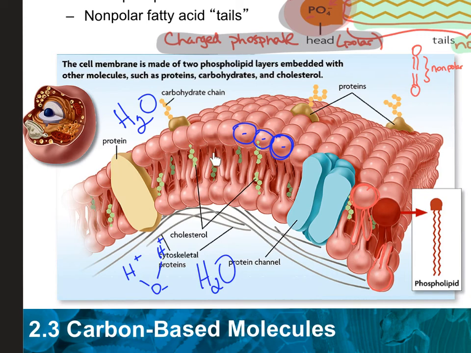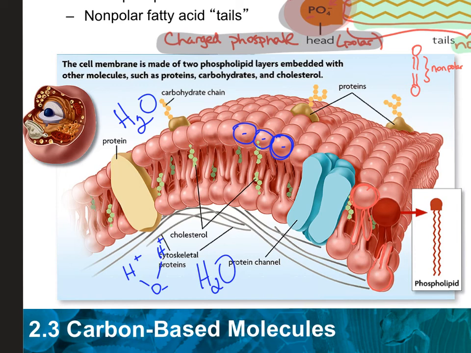And hopefully that makes sense because the tails aren't even attracted to the water. So the heads are. And wherever the head goes, the tails just follow. So when the heads rearrange themselves toward the water molecules, the tails are on the other side, so they end up facing each other.